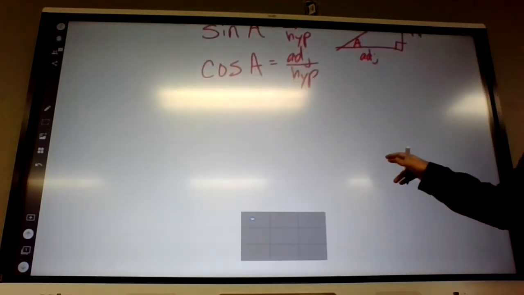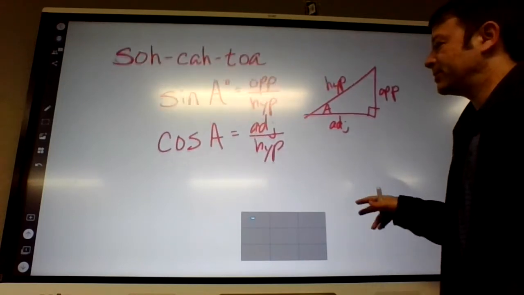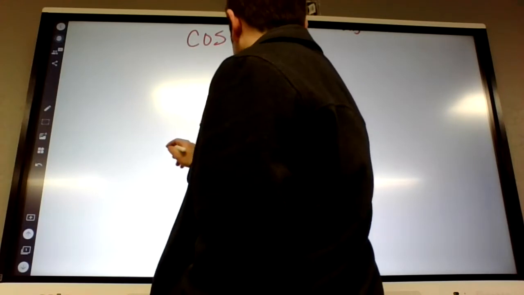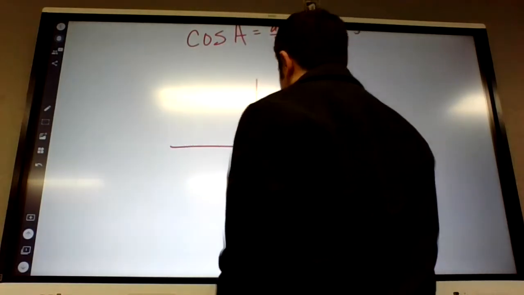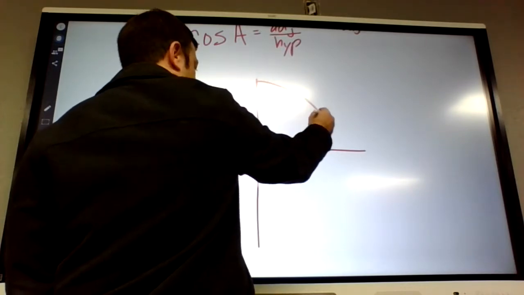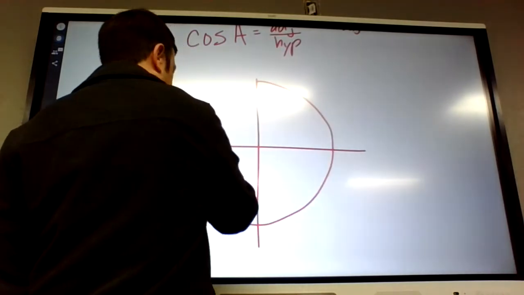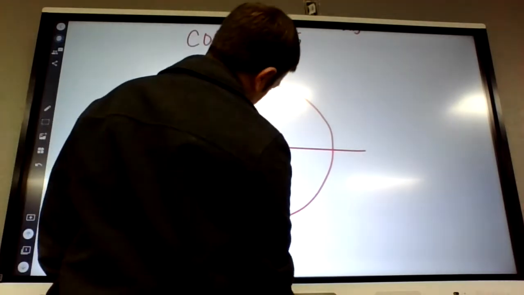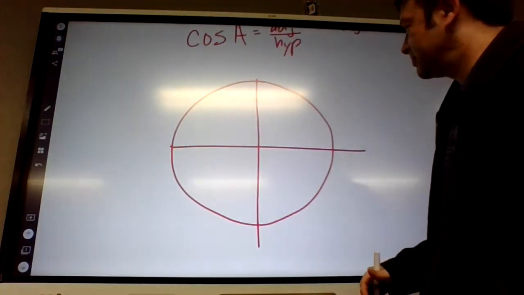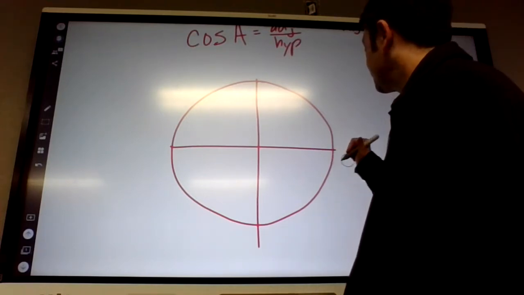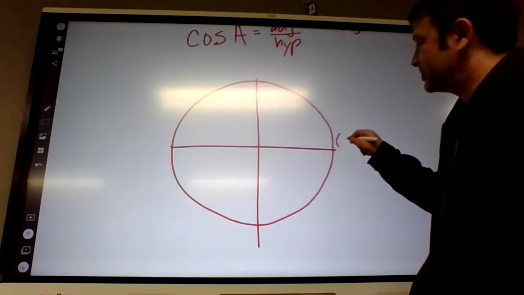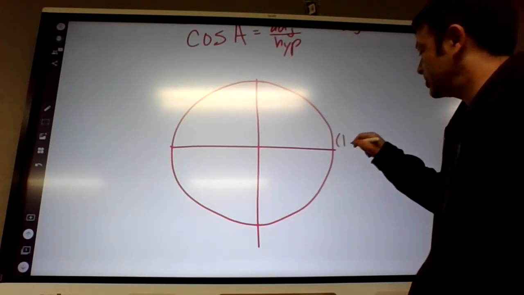Okay, so we're not really using right triangles this chapter though. We're using a unit circle. It's called a unit circle because the radius is 1 unit.